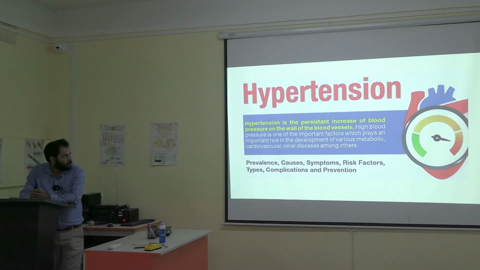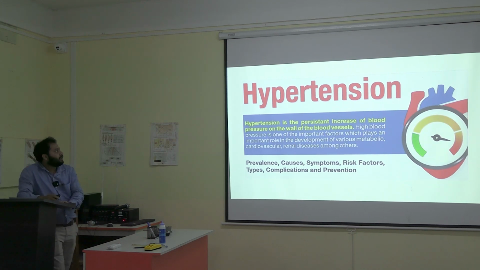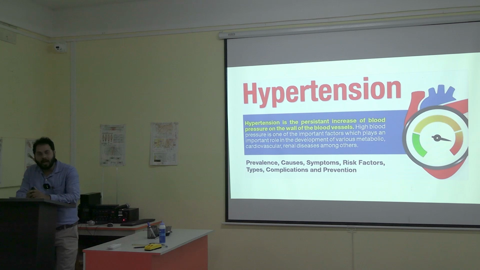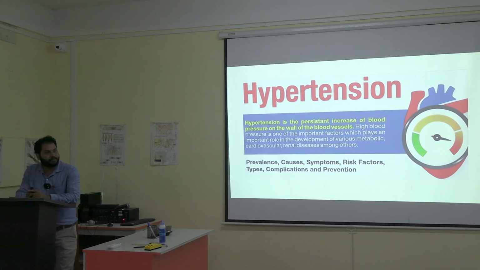hypertension. Hypertension is the persistent increase of blood pressure on the wall of the blood vessel. The persistent increase of pressure on the wall leads to several physiological changes in the physiological system.